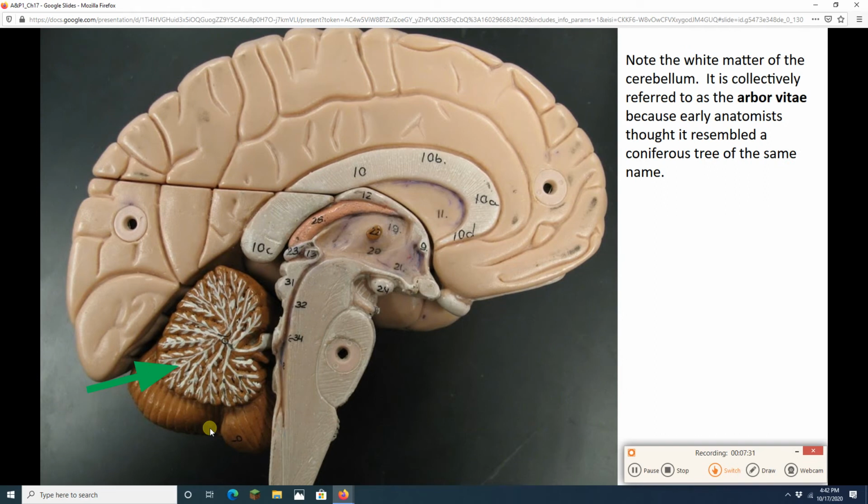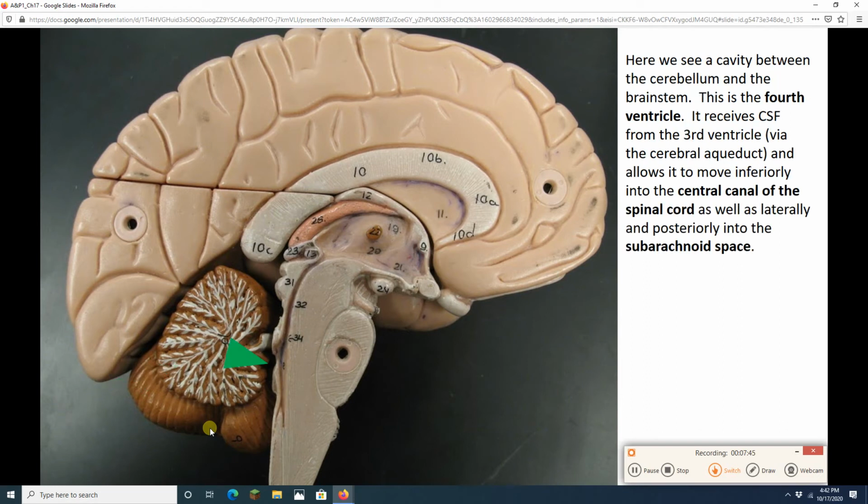All right, the white matter of the cerebellum is known as the arbor vitae. There's a tree, and someone thought that the white matter looked like this tree. Anywho, there's the fourth ventricle right there. We see it between the cerebellum and the brainstem. Of course, it gets CSF from up here in the third ventricle.